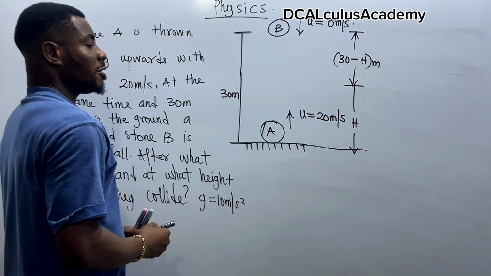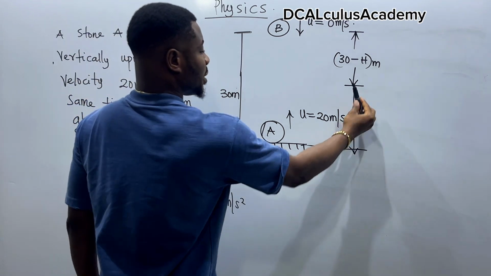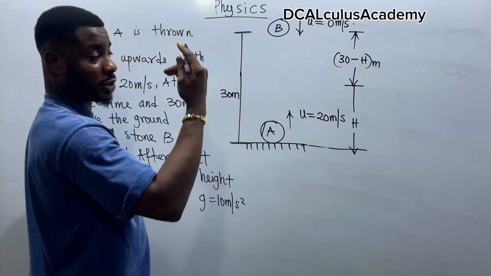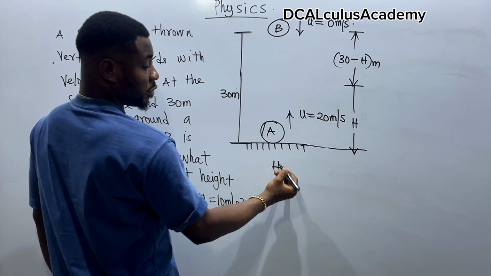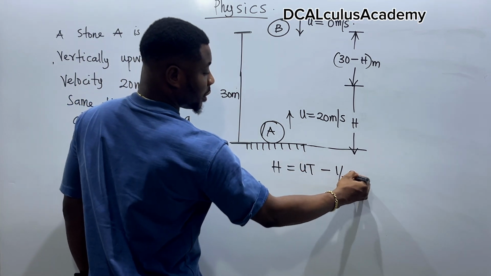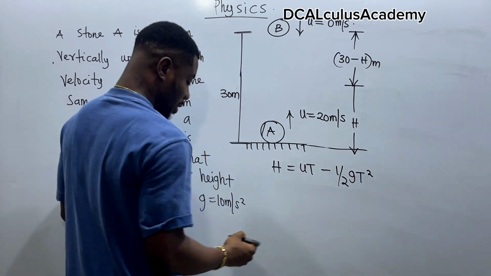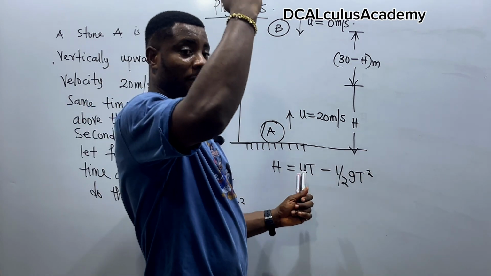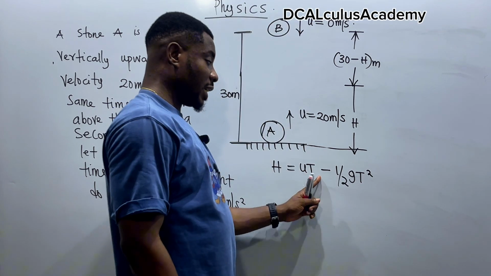Now, if ball A covers this height h, what does it tell me? When the body is projected upwards, the equation of motion we use is h equals ut minus half gt squared. Now, why are we using subtraction here? Because the body is launched vertically upwards. When the body is launched, we use a negative here.